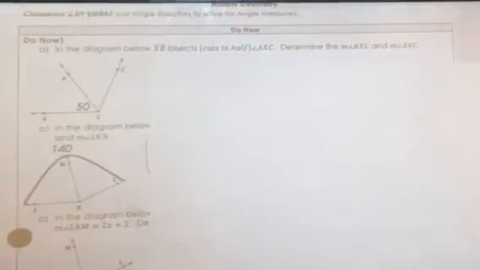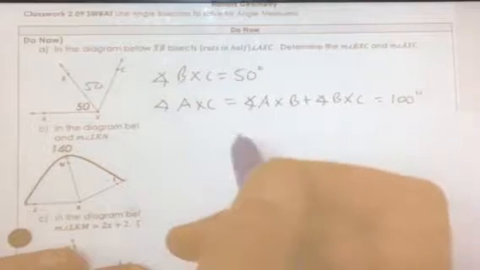Make sure you're reading carefully for which angles are being asked for. So what we know is if this angle is cut in half by BX, then if this is 50, then this must also be 50, and the entire thing must be 100. So that's what we see here.